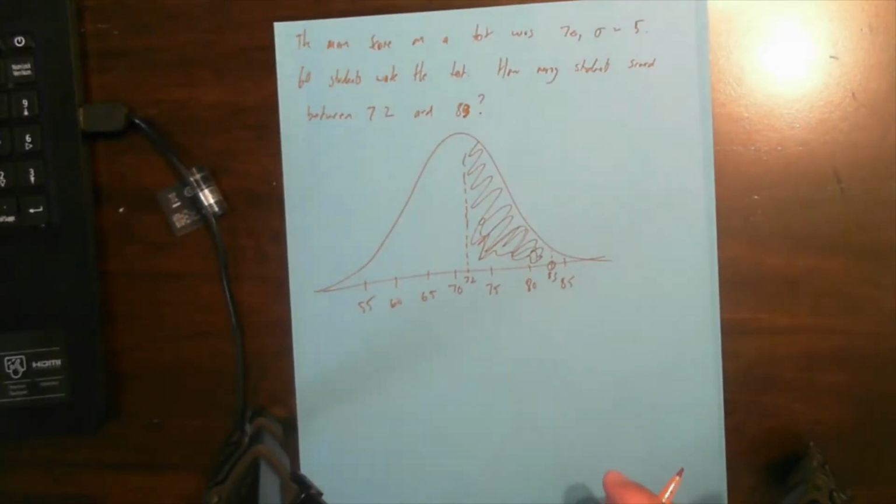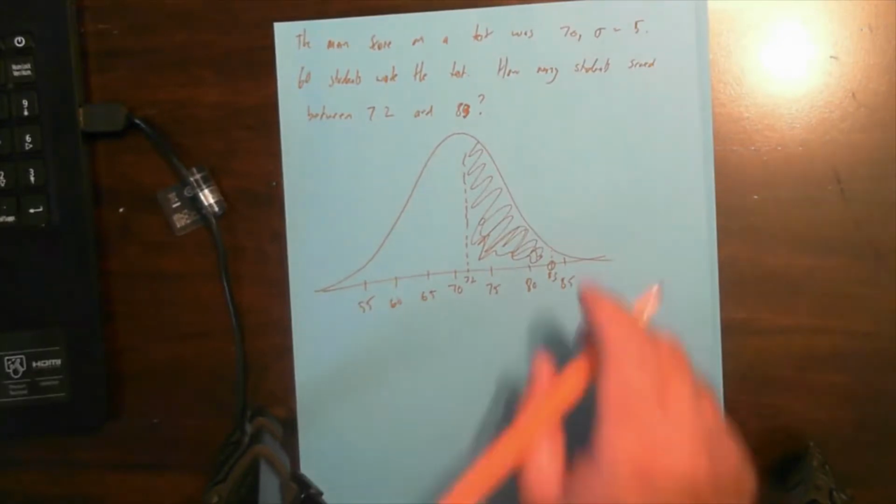So first of all, what we need to realize is that when I do z-score calculations and look the number up in the appendix in the back of the book, that number tells me what percentage of the students that wrote the test scored less than that score.